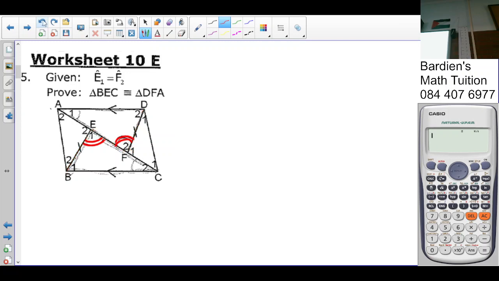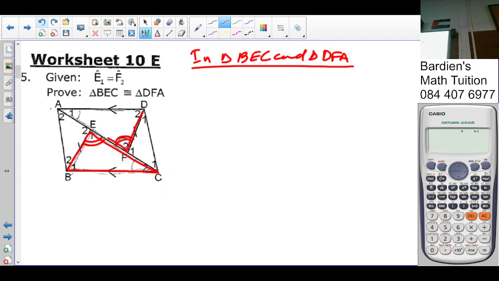Then we are told to prove that, so we started by saying in triangle BEC and triangle DFA, what can we say about those two triangles?